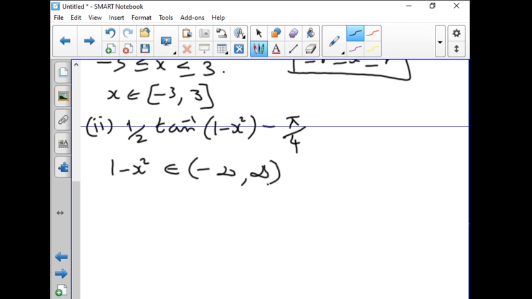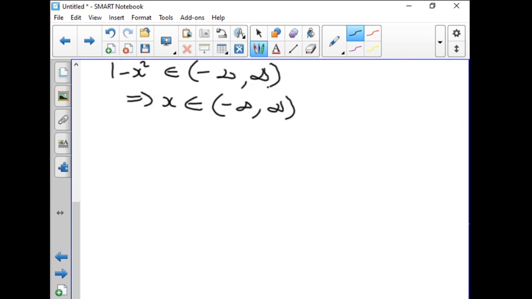Not the range, it is the domain. So when you take this, x will definitely belong to R, minus infinity comma infinity. Therefore, x belongs to this whole interval.